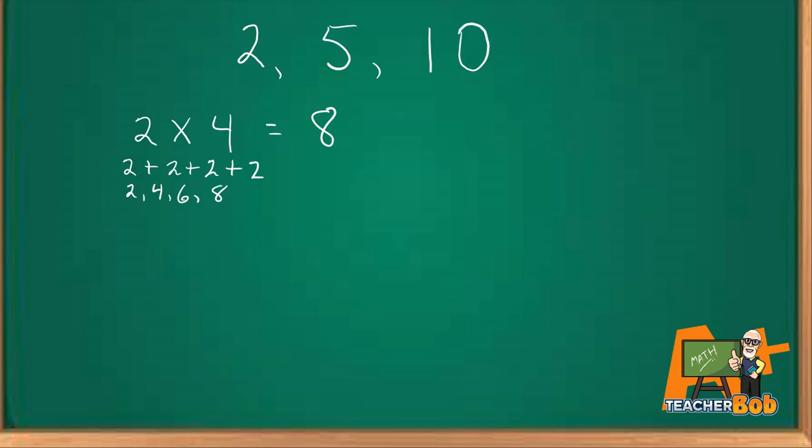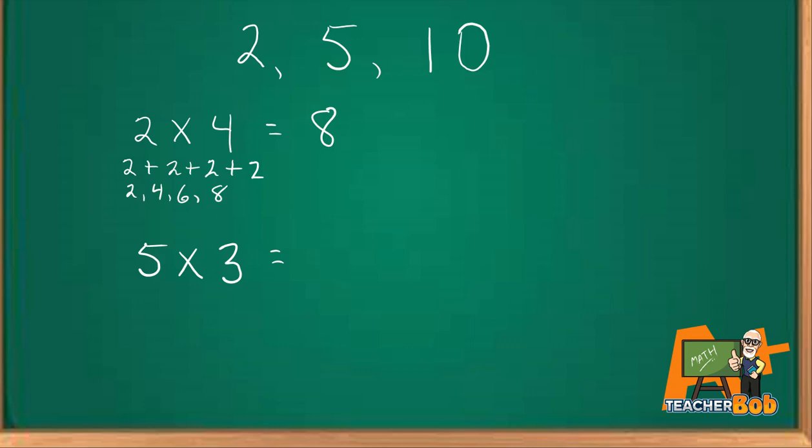The answer is 8 when we're multiplying with the 2. If we're multiplying by 5's, well, we're skip counting with 5's. So an example question might be 5 times 3. So we can think of that as skip counting with 5's 3 times. 2's and 5's and 10's, they're probably the most common facts.